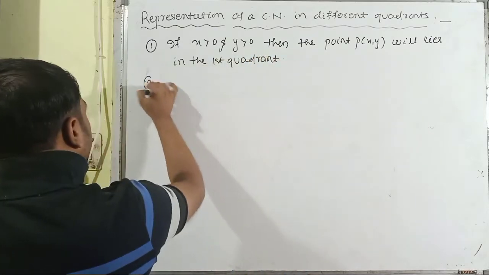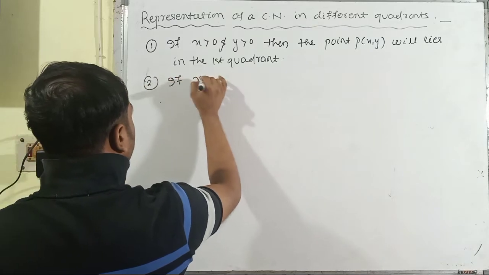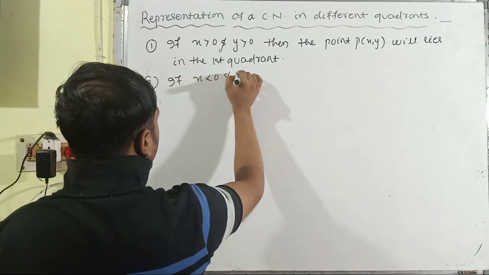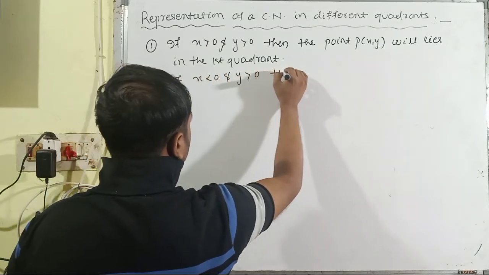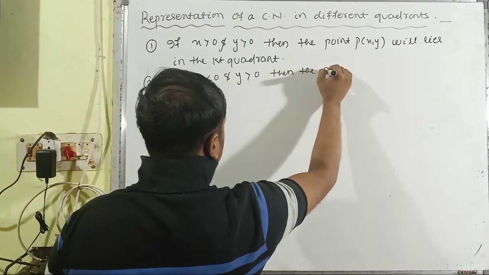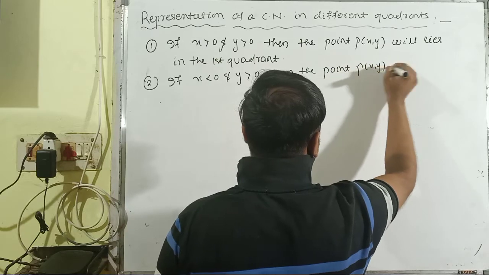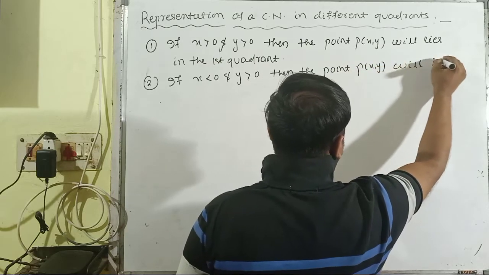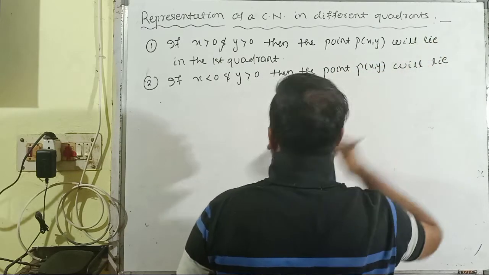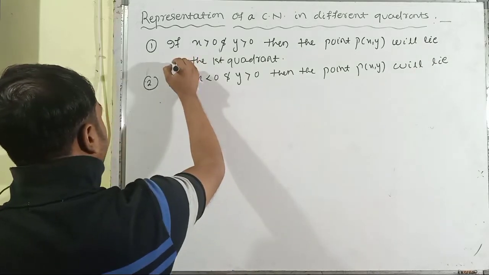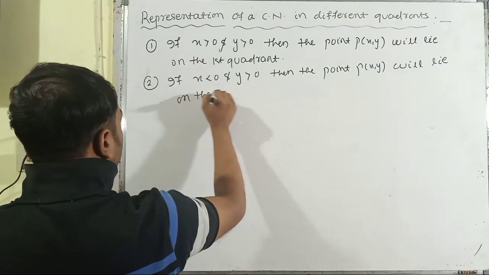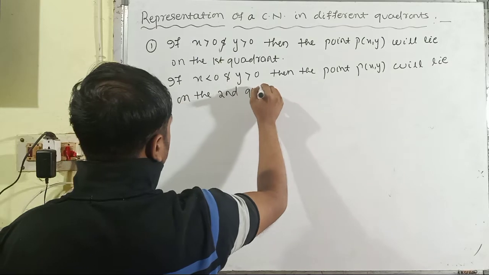The second point is, if x less than 0 and y greater than 0, then the point P(x, y) will lie on the second quadrant.